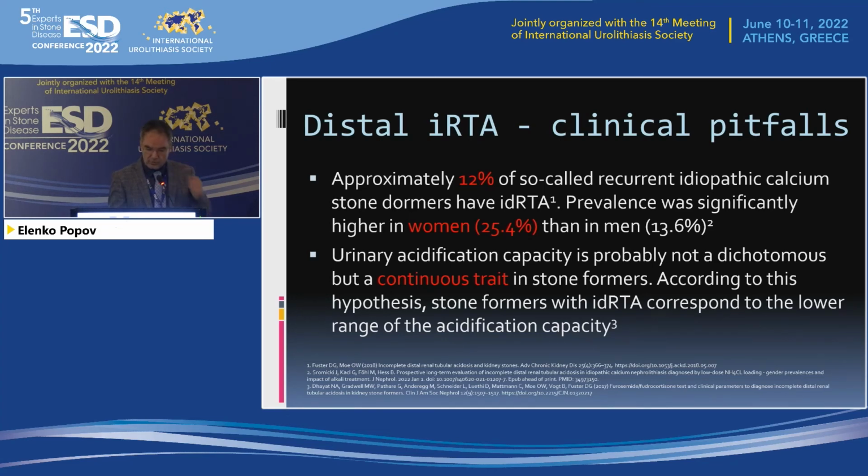Prevalence was significantly higher in women, at least a quarter, than in men. But urinary acidification capacity is probably not dichotomous. We don't have a clear border between health and disease, but it is a continuous trait in stone formers. According to this hypothesis, stone formers with incomplete distal renal tubular acidosis correspond to the lower range of the acidification capacity.